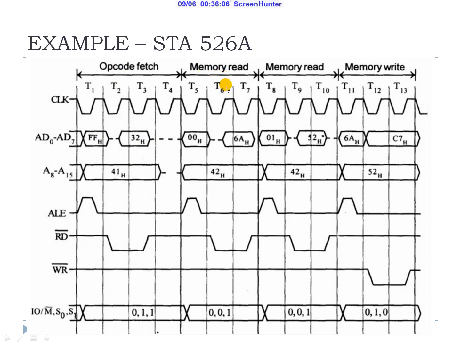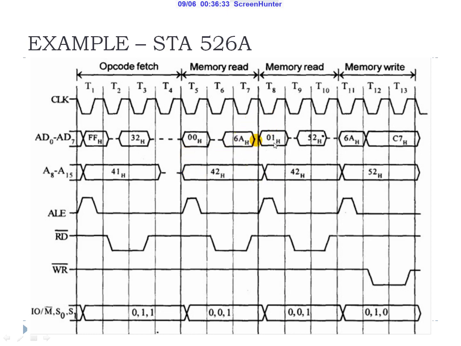After that we will have the memory read. So two memory read cycles are drawn as we have drawn here. These memory read cycles have the addresses 4200 and 4201, segregated into higher and lower order addresses. 42 is higher order and 00 is lower order; here 01 is lower order and 42 is higher order.